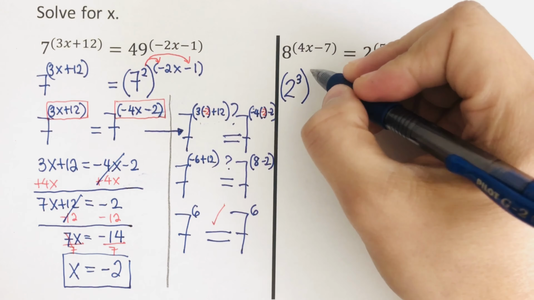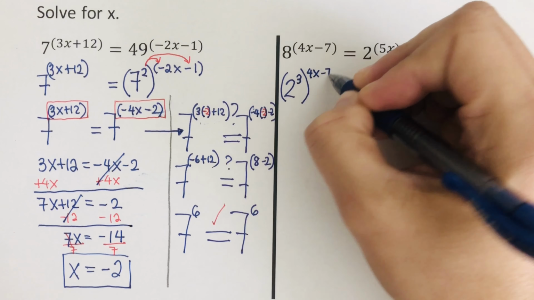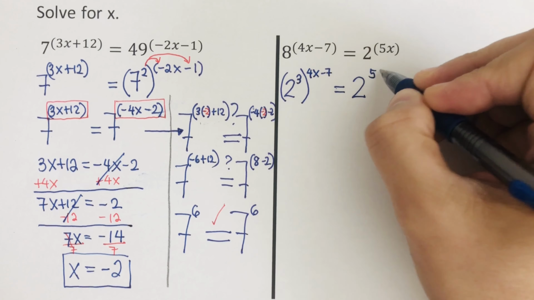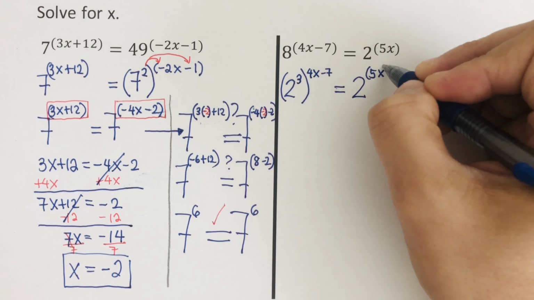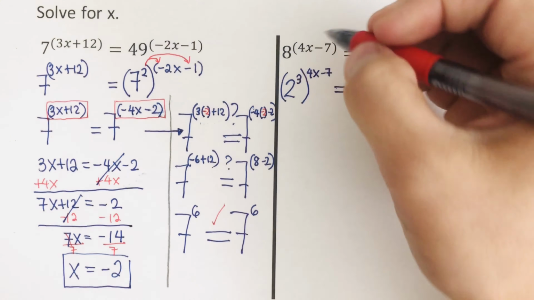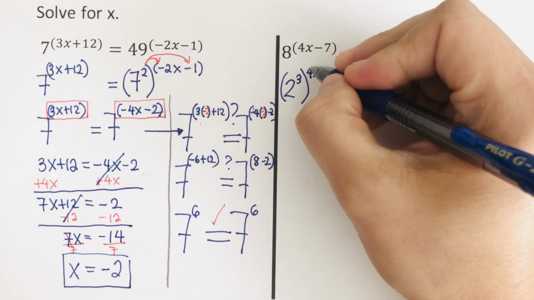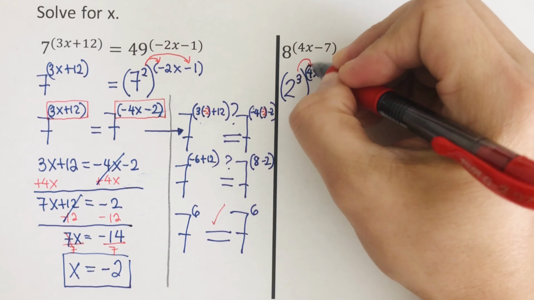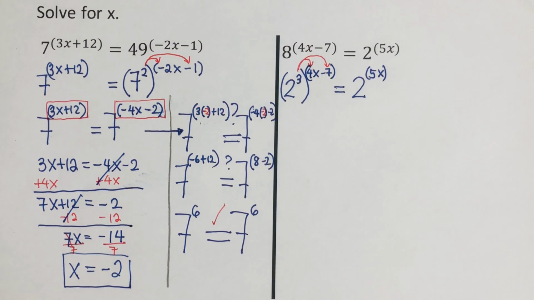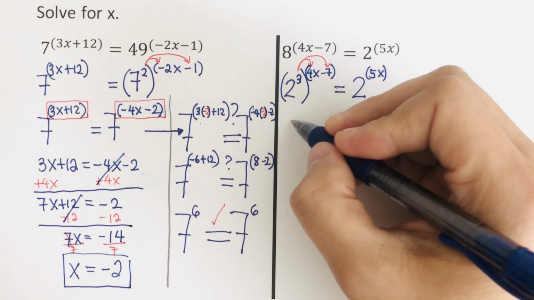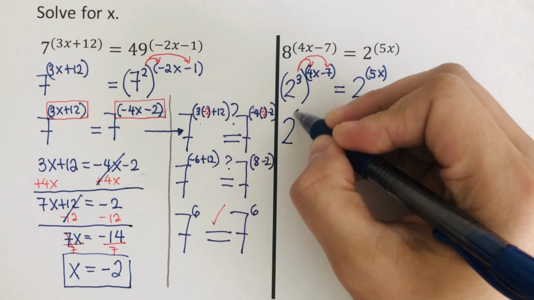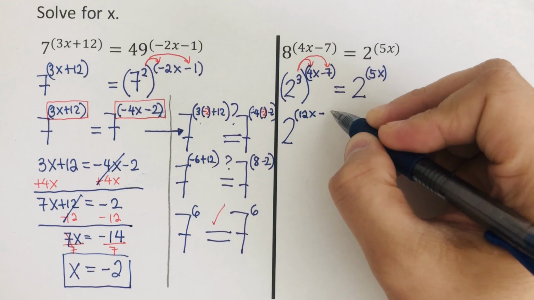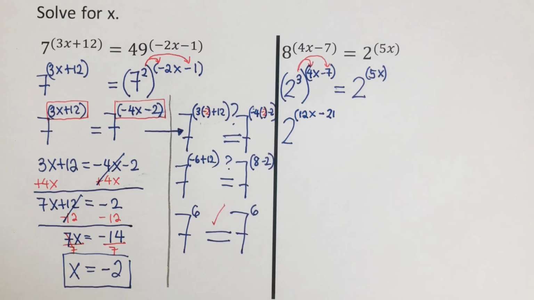And then we have an exponent of 4x minus 7 is equal to 2 to the power 5x. And so from here, we are going to distribute the 3 to both terms inside the parentheses. This would be distributed to that and distributed to that one over there. So this would come out 2 to the power 12x minus 21.